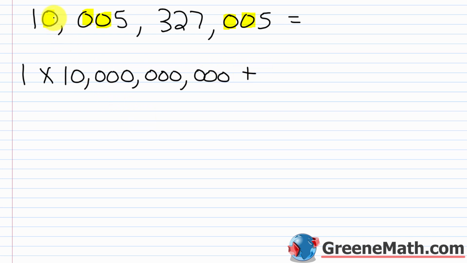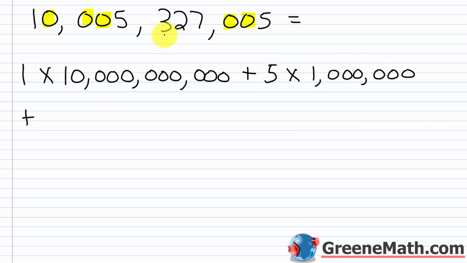Then plus. Now all these zeros are basically just placeholders. So when we write the number in expanded notation, we don't have to put them. So I can kind of just skip down to the next non-zero number. So that's a 5, and that's going to be in the millions place. So 5 times 1 million. Then plus.